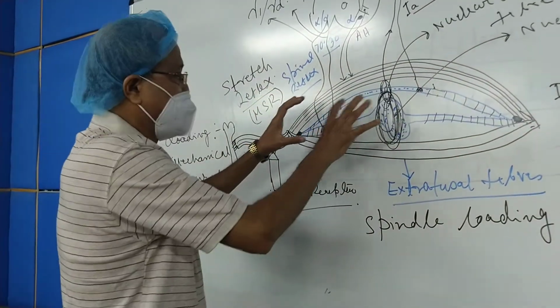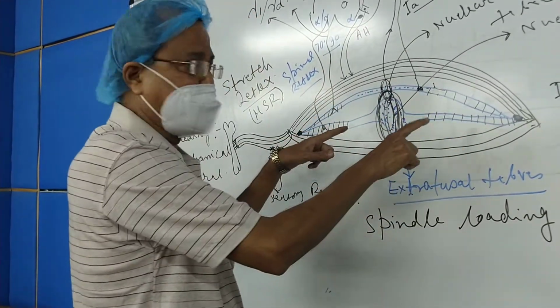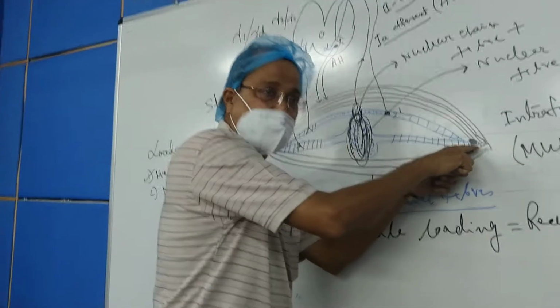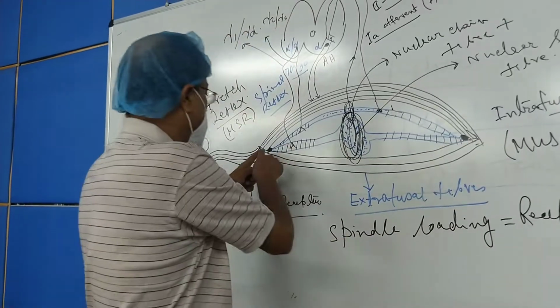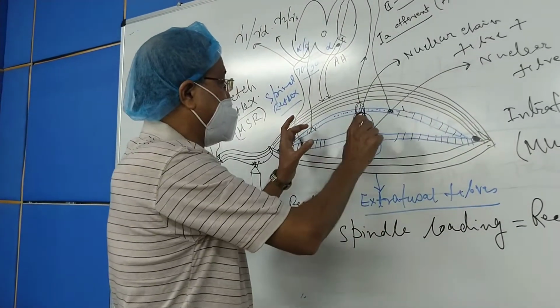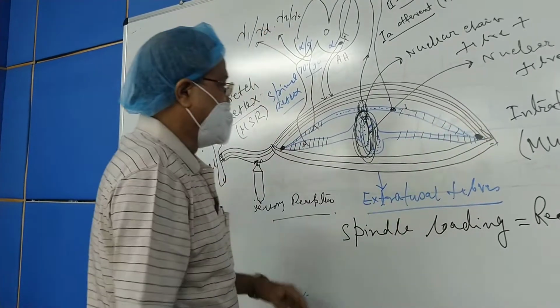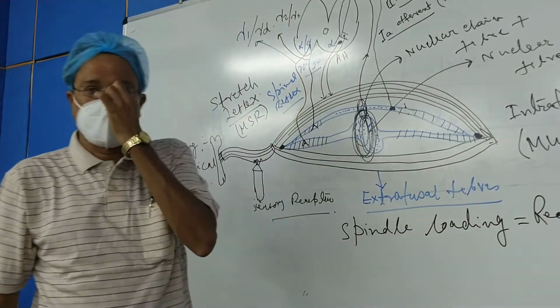And as the muscle spindle, that is both the nuclear chain fiber and the bag fiber, is attached at its periphery with the extrafusal muscle fiber, as I told you, signified by these solid dots at the two ends, there will be also stretching of the intrafusal muscle fiber or muscle spindle.